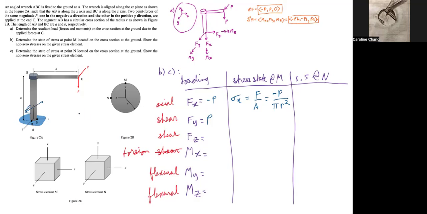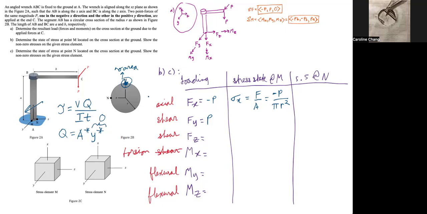But since M is at the very top, according to our general formula for shear stress, tau equals VQ over It, where Q is A star times y bar star, our y bar star here will be equal to 0, since it's at the very top and there is no area above that stress element location.